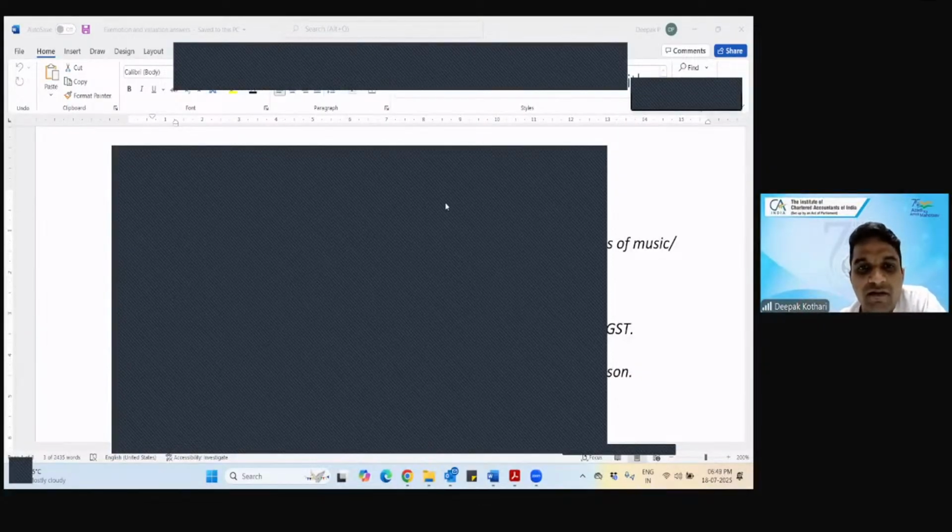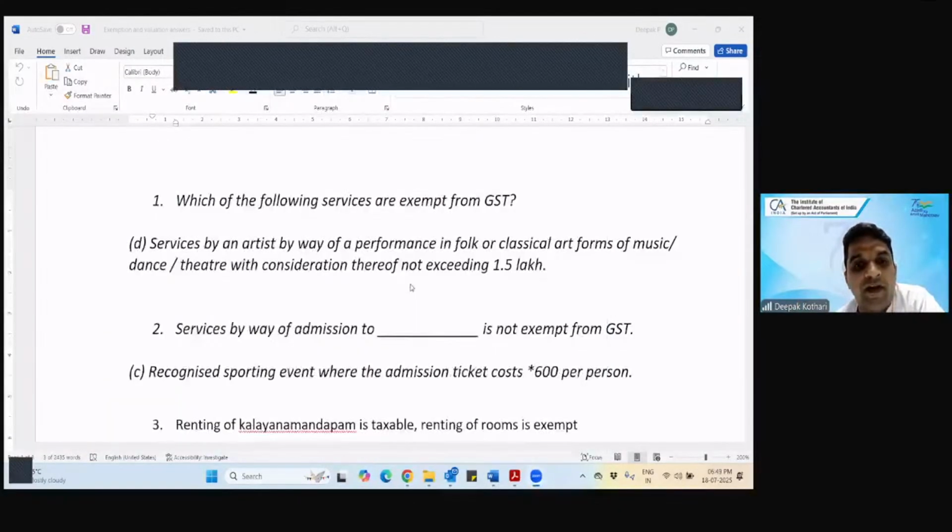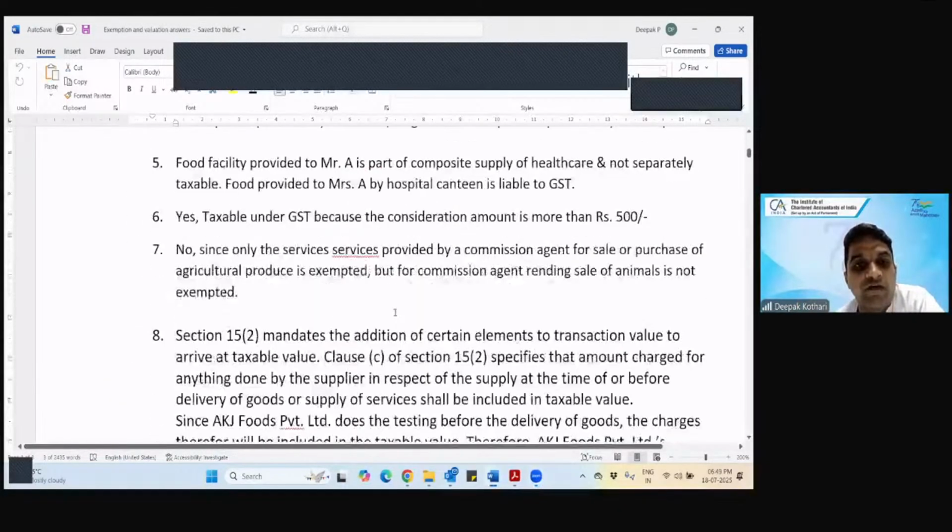Correct, MA. Renting is exempted, mandap is taxable, right? Okay, next question.